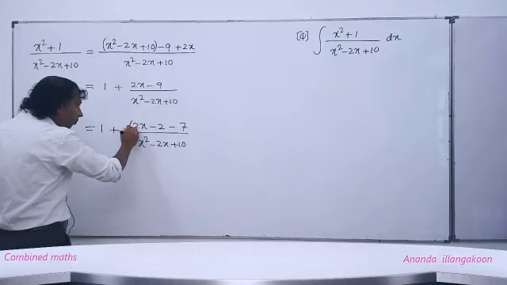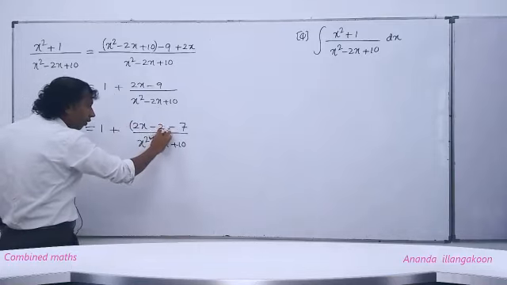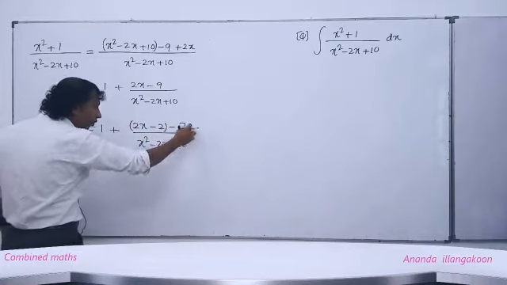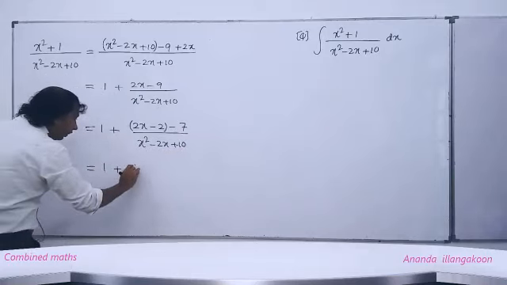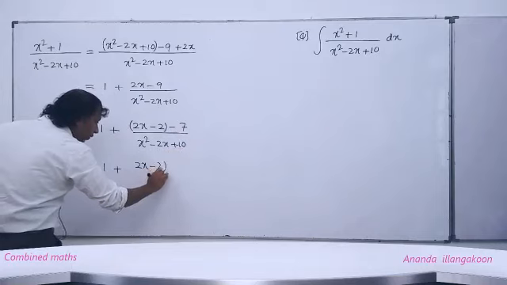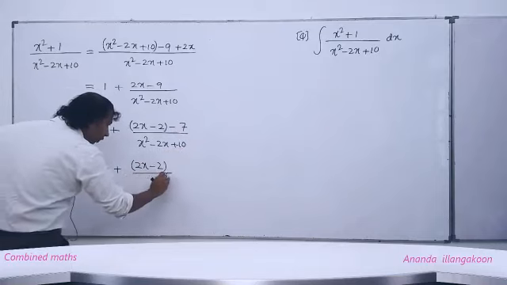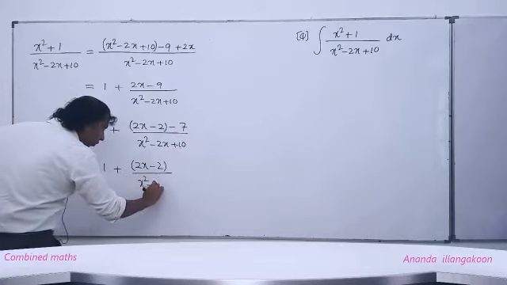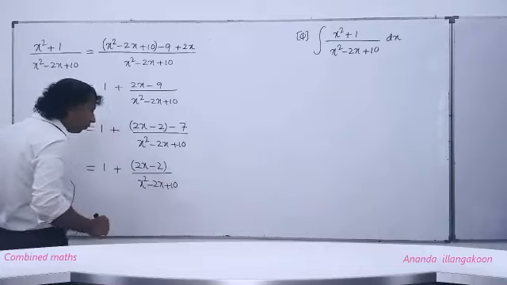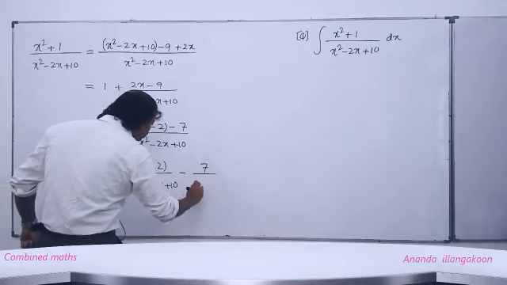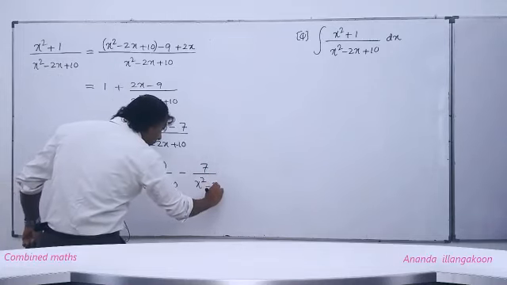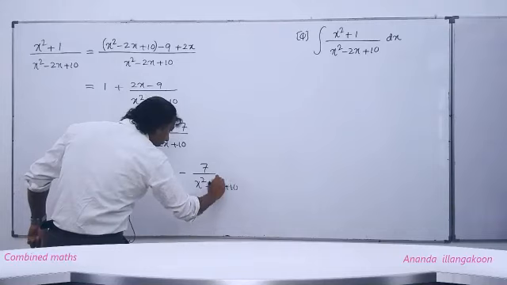Then this term we consider alone, and we divide that by this and this by this. 1 plus 2x minus 2 divided by x squared minus 2x plus 10, and minus 7 divided by x squared minus 2x plus 10.